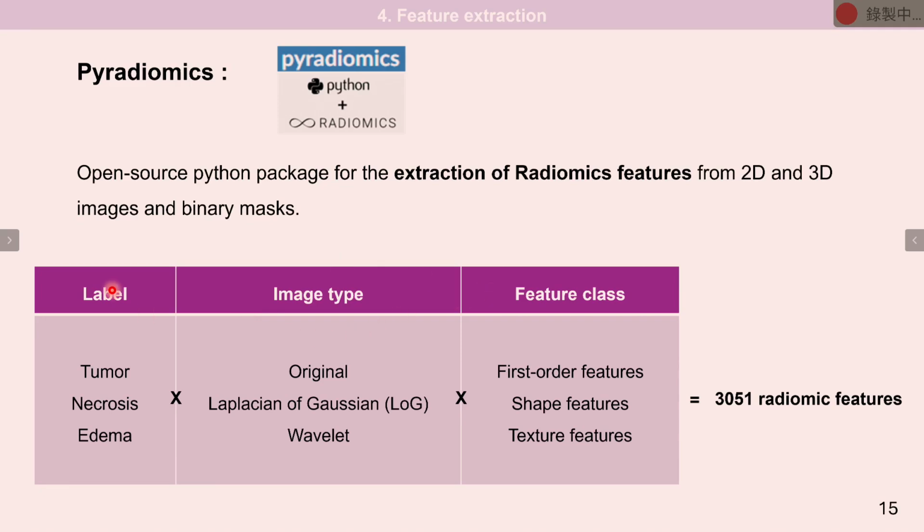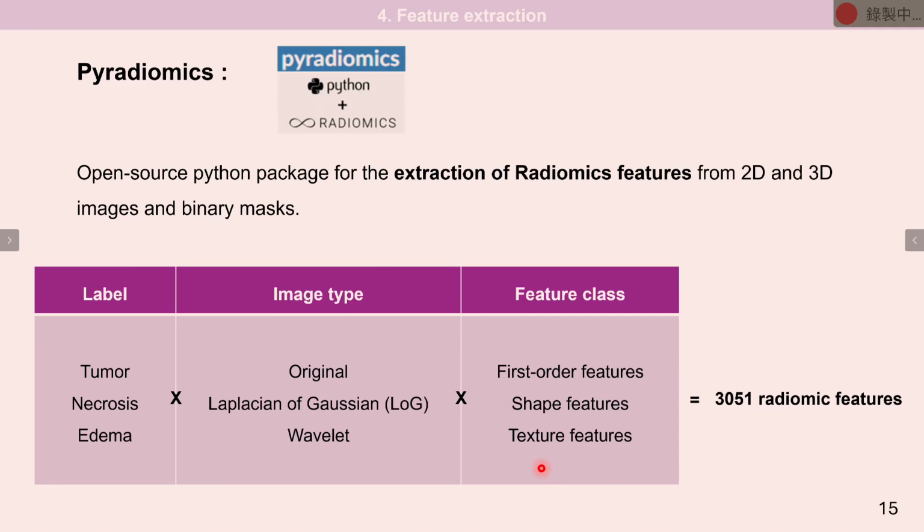And as for the image type, besides the original image, we also apply filters on the original image to generate another 2 images, including the Laplacian of Gaussian filter and the wavelet filter. And we have 3 types of feature classes, and each class is composed of many features. And ultimately, this combination generates 3,051 radiomic features.